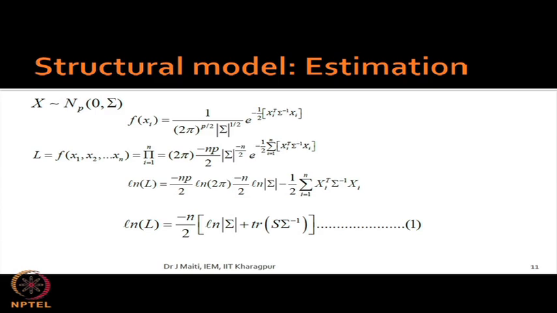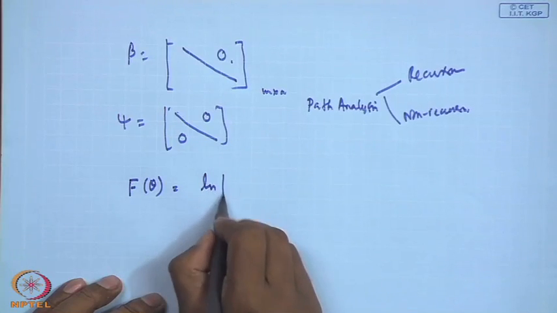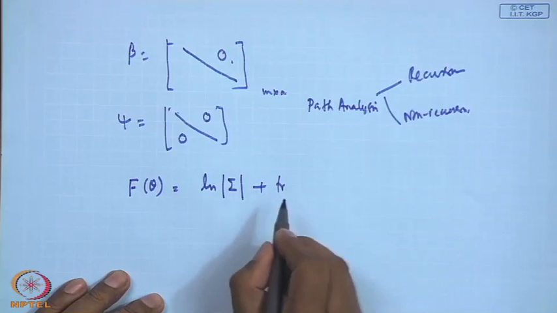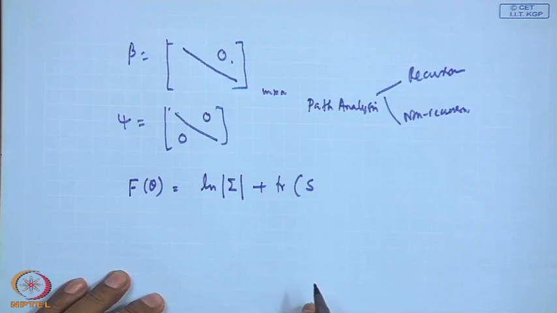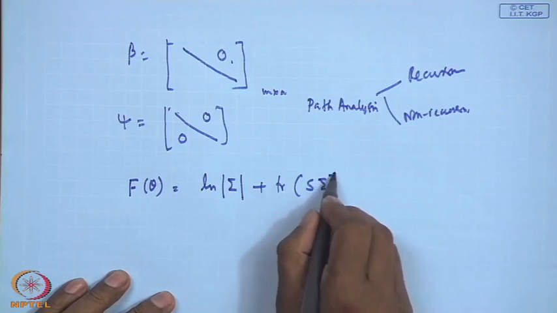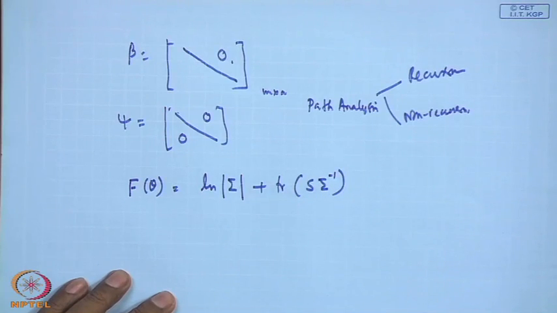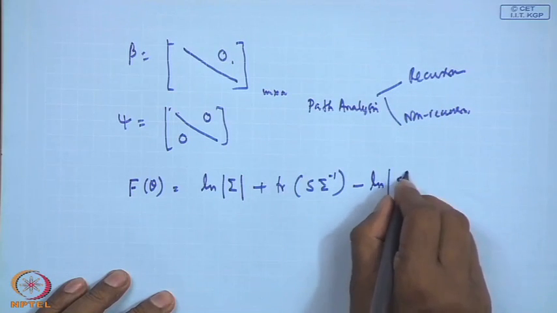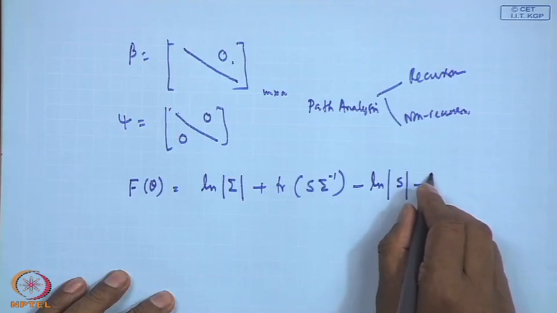Now, what method will you adopt? In the measurement model, I have shown you that we will develop a minimization function F(theta), which is log of determinant of capital sigma plus trace of the sample covariance matrix S into the inverse of the population covariance matrix sigma, minus log of the determinant of the sample covariance matrix, minus p.